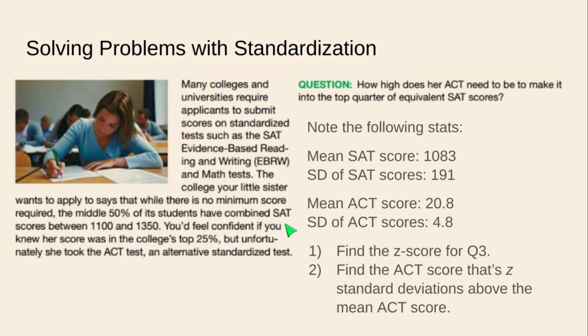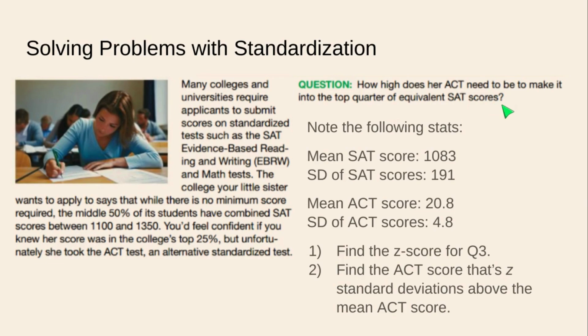That's the middle 50% of the scores, between Q1 and Q3. You feel confident if you knew her score was in the college's top 25%. But unfortunately, she took the ACT, which is an alternative standardized test, right? So, question is, how high does the ACT need to be to make it into the top quarter of equivalent SAT scores?